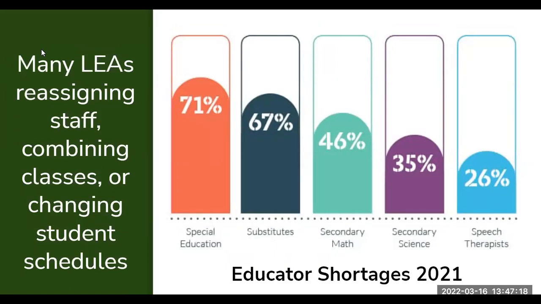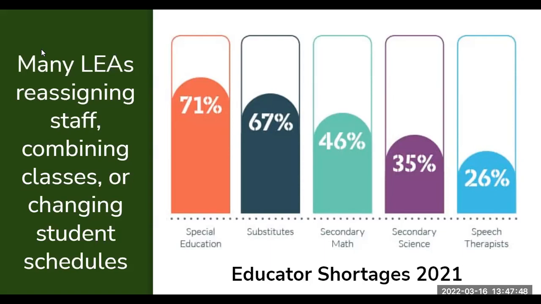It's across the board. If you look at this chart, you see that the educator shortages last school year were overwhelmingly higher, and the majority of those were in special ed and subs, and those were where we were hit the hardest and are continuing to be hit the hardest. So you know, our math, science, and then again, as Helen said, SLPs was lower, but we know that this year that has increased.